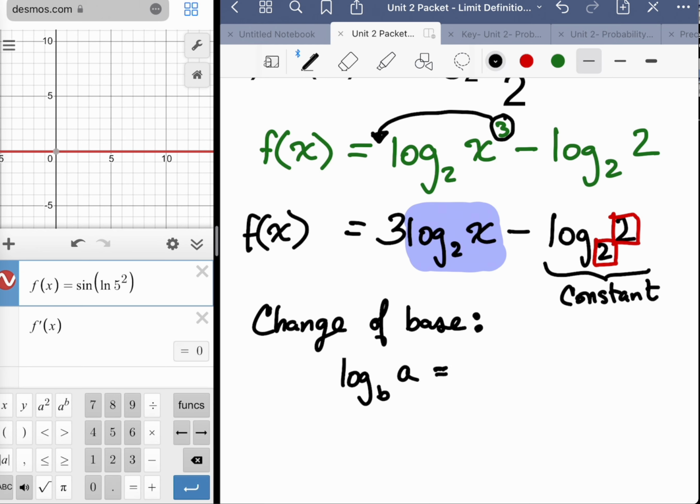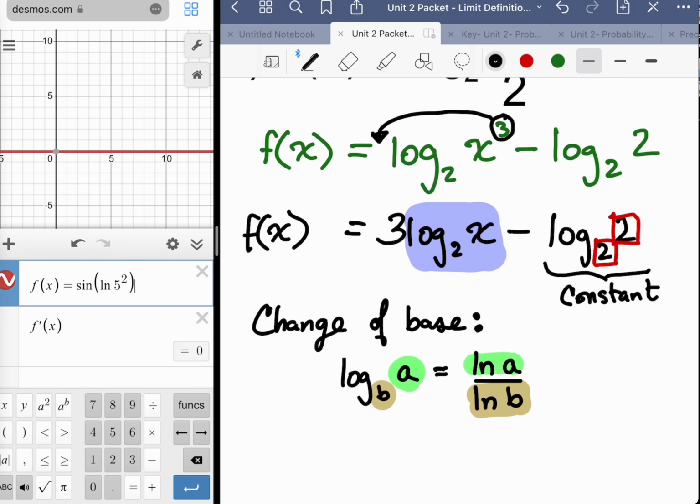That's going to be equivalent to the natural log of a over the natural log of b. So it's always the natural log of whatever the subject of the log is. That gives you the top. And then the natural log of whatever the base of the log is. That gives you the bottom.